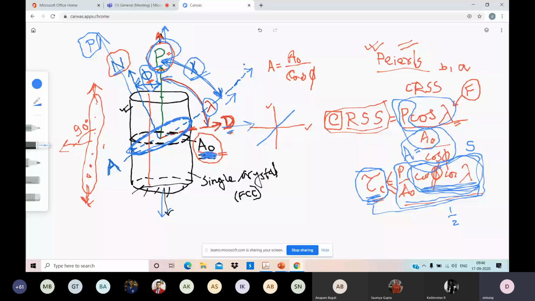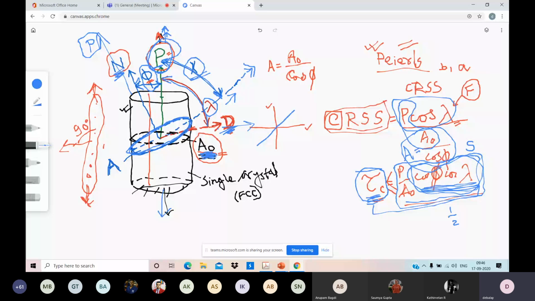I am showing that direction to make you understand that plane normal N, loading direction P, and slip direction D need not be on the same plane.